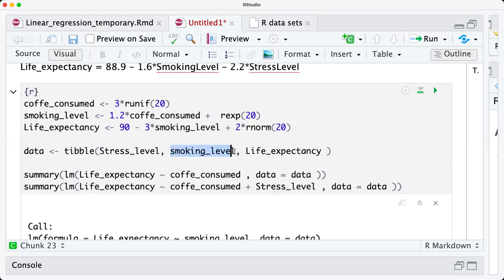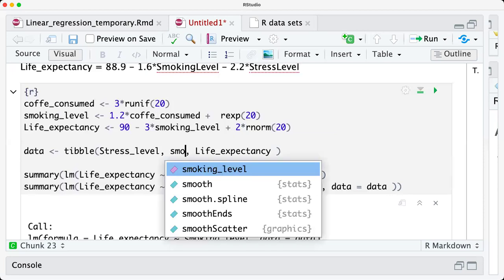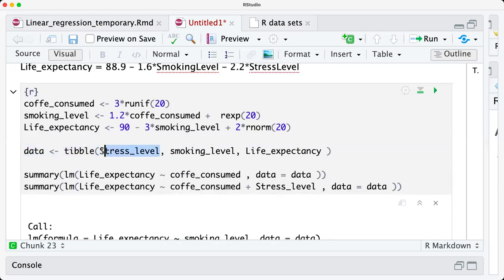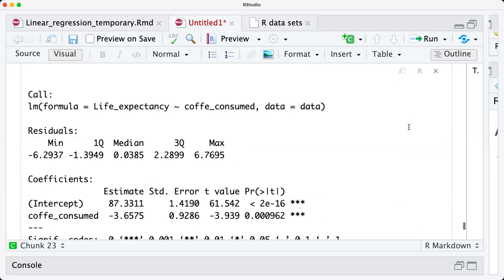In this case, we want to see that the coffee consumed actually has no effect.